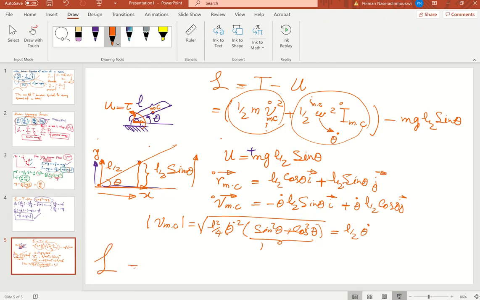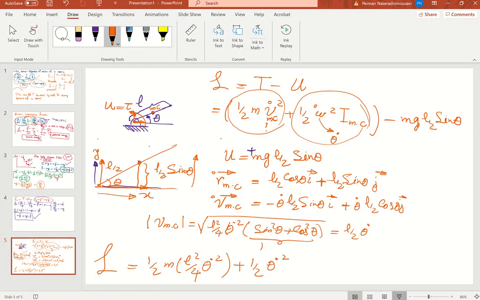So the Lagrangian is 1 over 2 m L squared over 4 theta dot squared plus 1 over 2 theta dot squared, the angular velocity, times I with respect to the mass center.